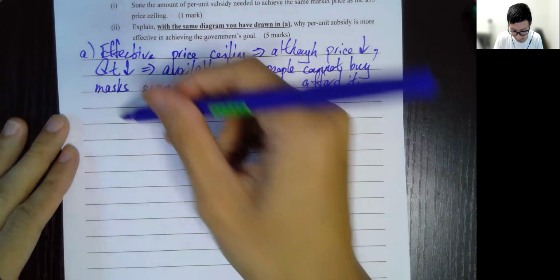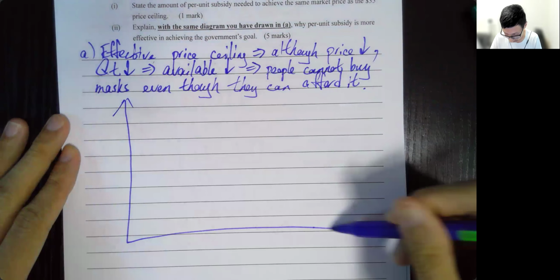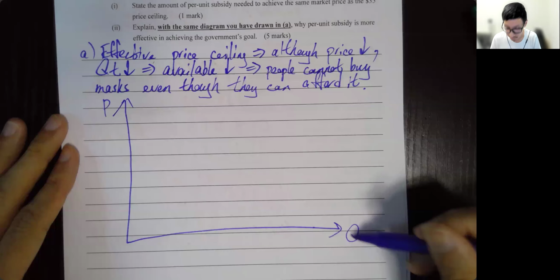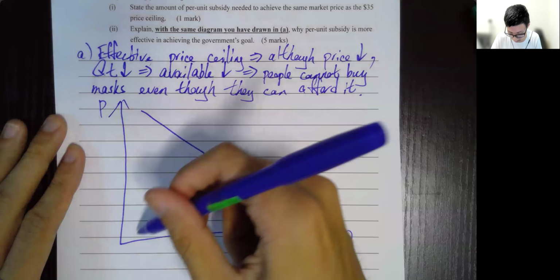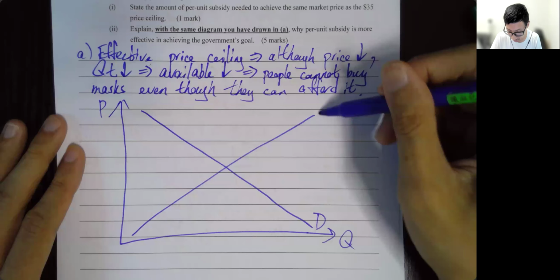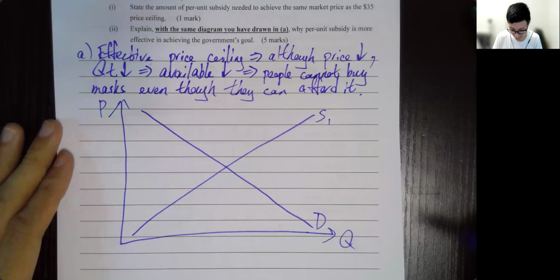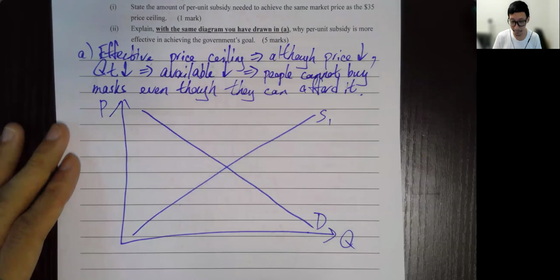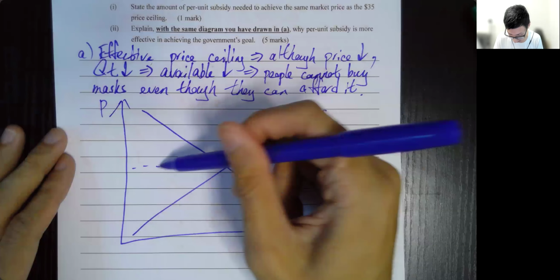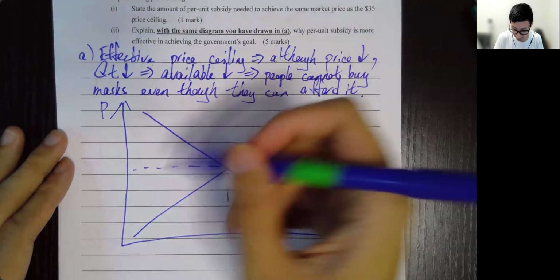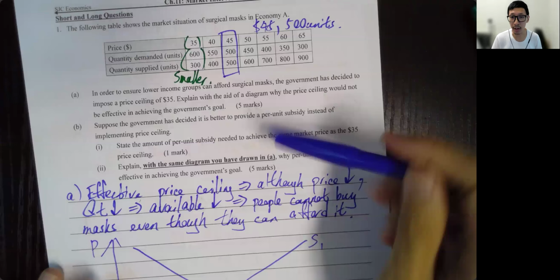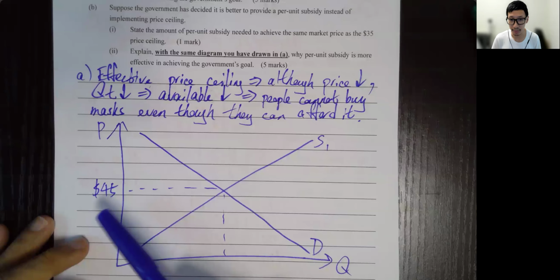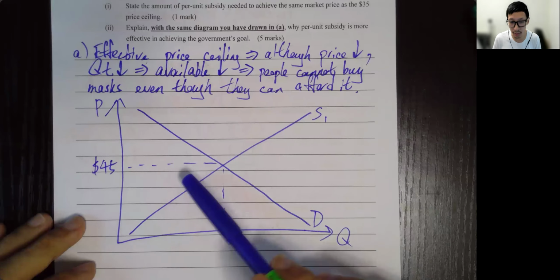Now, what about the diagram? The diagram should look something like this. Here. Now, obviously, we have our demand and we have our supply. Let's call this supply 1. Okay? Now, originally remember in exam, if you are given the numbers in your diagram, use the actual numbers, okay?